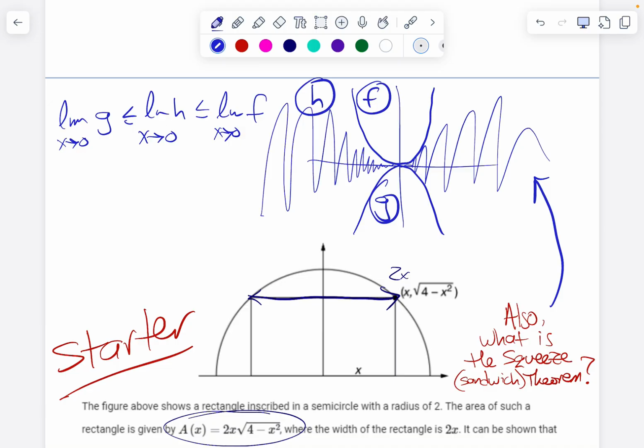So as long as that was true, then we could say that the limit of h was the same as those two. What were the restrictions or the failure points of this? Like when we said, no, we can't use it. Yeah, so if g and f had different values, then we couldn't say it got squeezed in between because there was room for it to wiggle through there, so to speak, without it hitting a single value. Okay, what else?